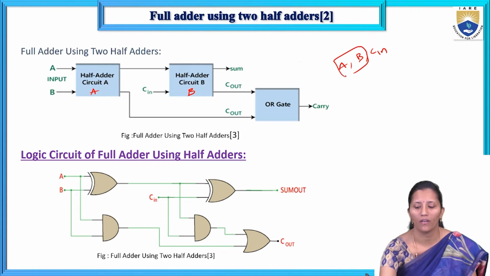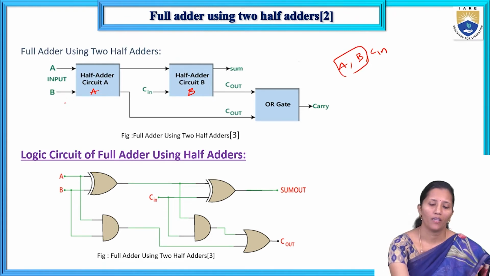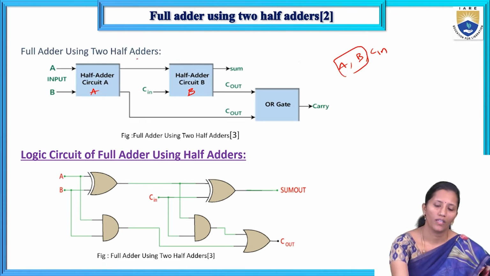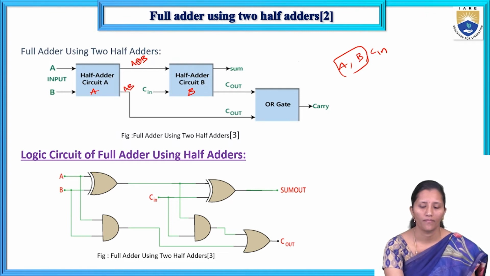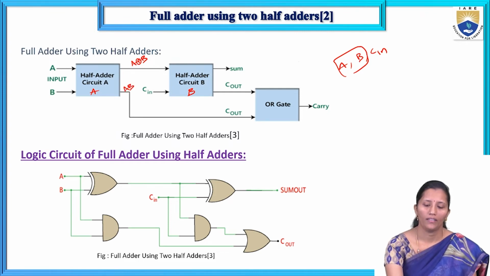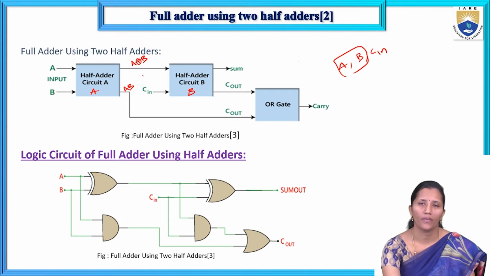Okay, so first half adder inputs are A, B. Okay, so here we are going to get A XOR B. Outputs of the half adder are A XOR B and AB. Okay, and the sum output of the first half adder is given as input to the next half adder. Another input is C in.